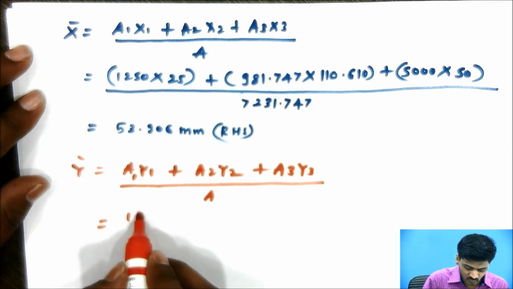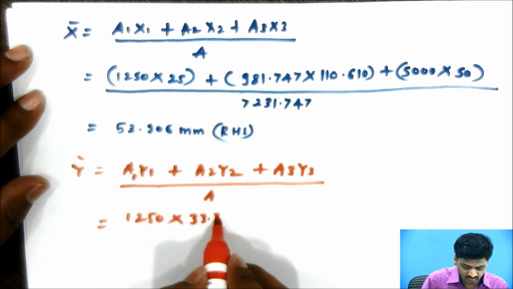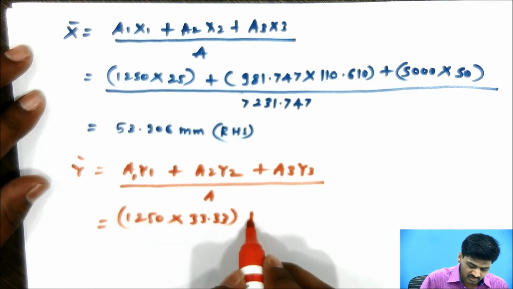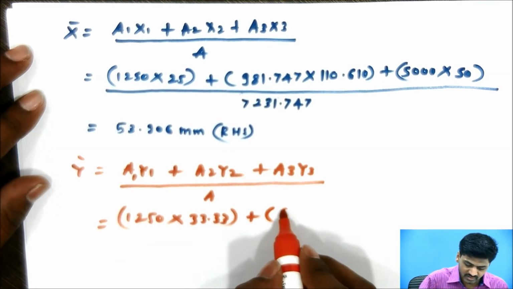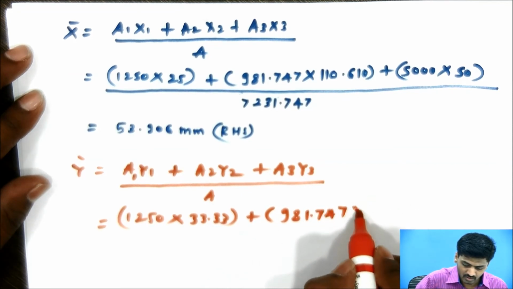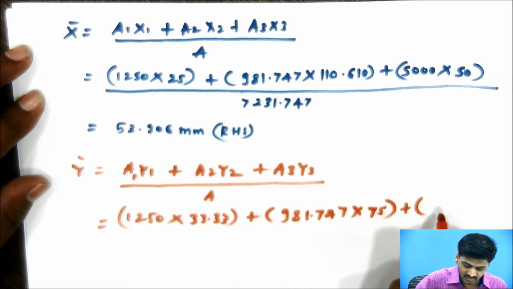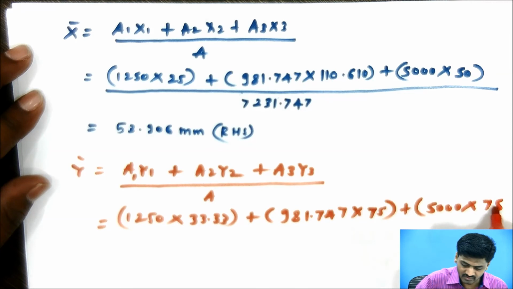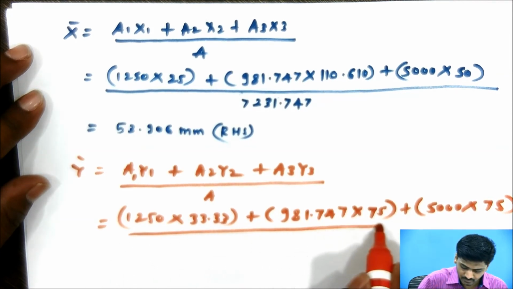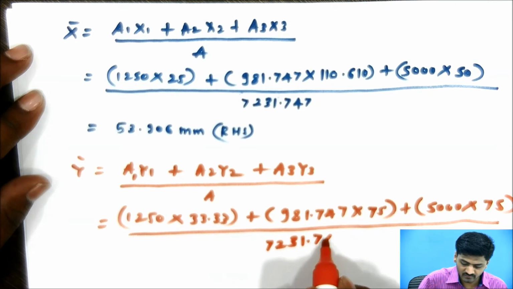So a1 is the same, 1250 into y1 is 33.33, plus a2 y2, the area of the second figure 981.747 into y2 is 75, plus a3, 5000 into y3 is 75, divided by the total area 7231.747.